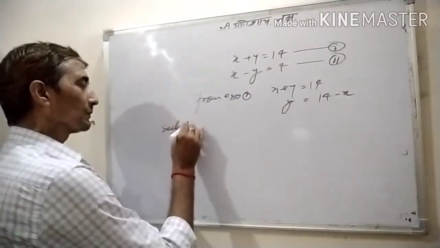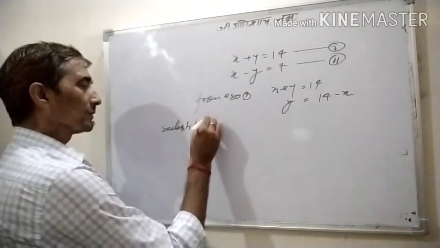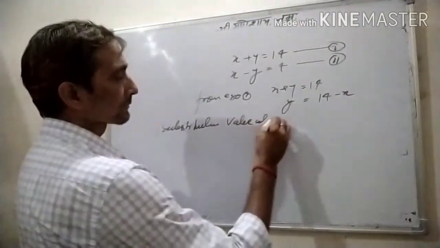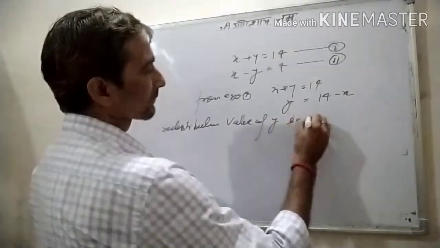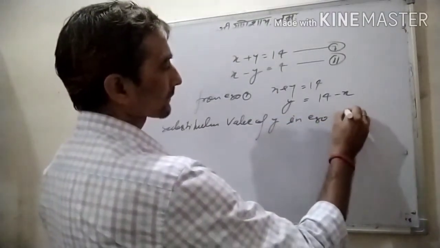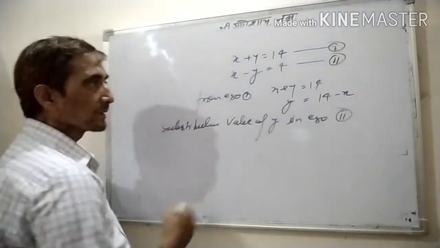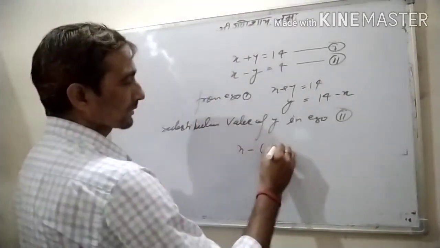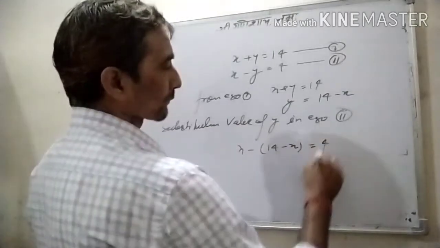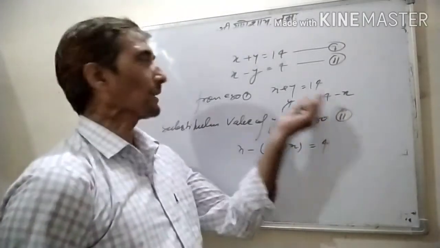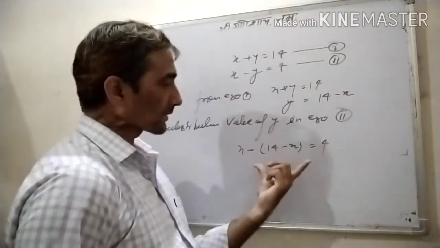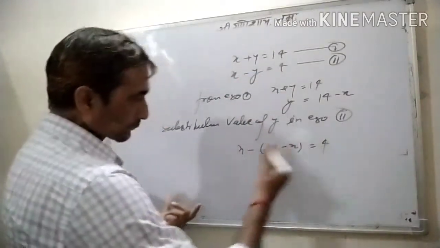Substituting value of y in equation number 2: x minus (14 minus x) equal to 4. Total value of y substitute in place of y in equation number 2, and you will get this form, and calculate it.